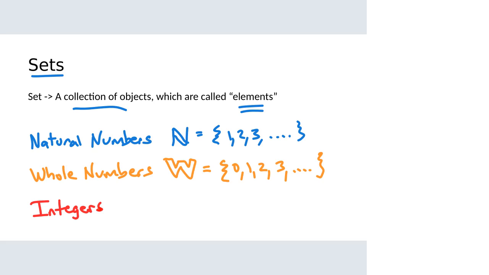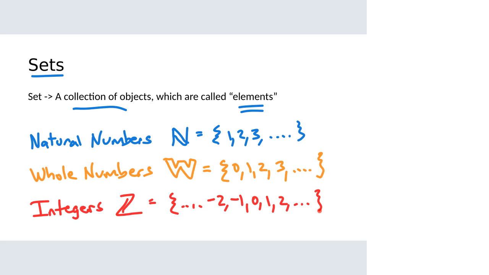So instead, for integers, we're going to use a boldface Z. That's our abbreviation for integers. And integers are the whole numbers and their opposites. Opposites would be the negatives. So this goes on to negative infinity, and it's -2, -1, 0, 1, 2, and it goes on forever to positive infinity. And so that's our integers.